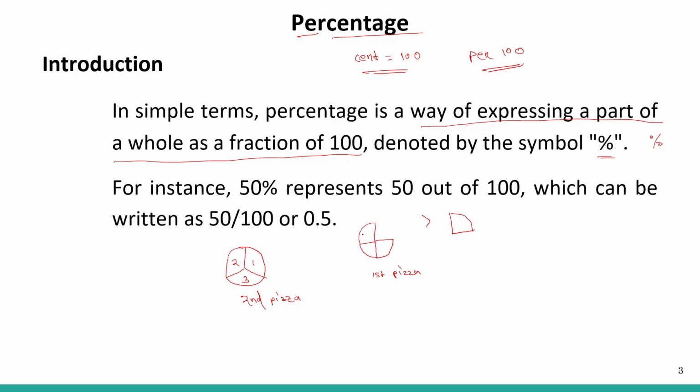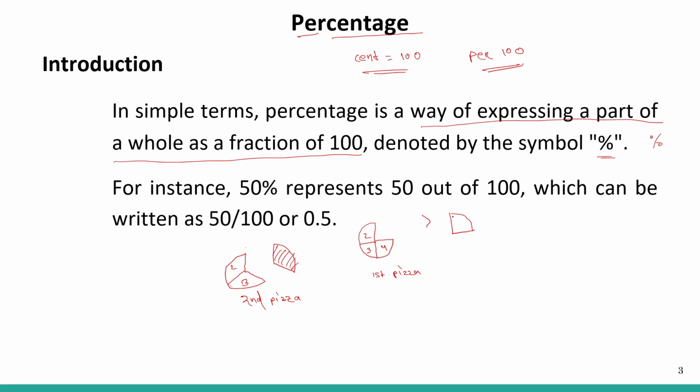We removed that part and you have the second, third, and fourth slice there. And you did the same with the second pizza too. You had one slice to yourself.